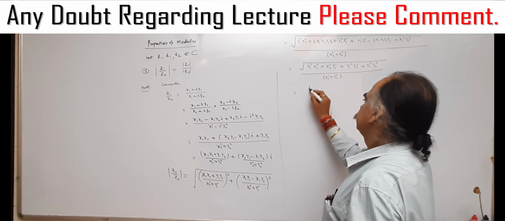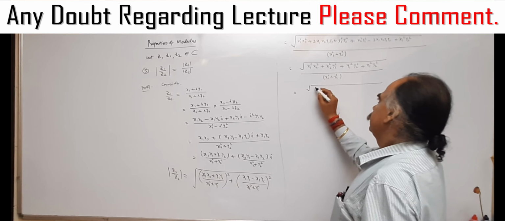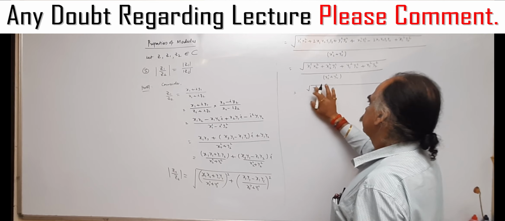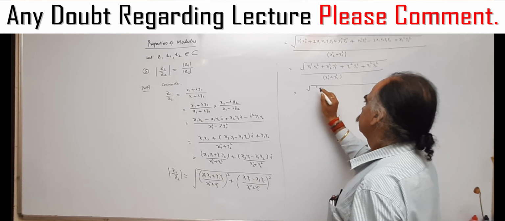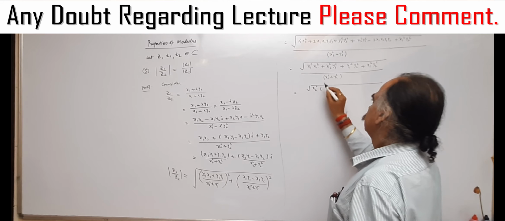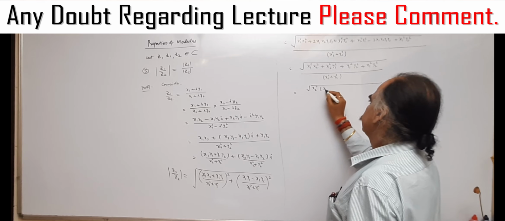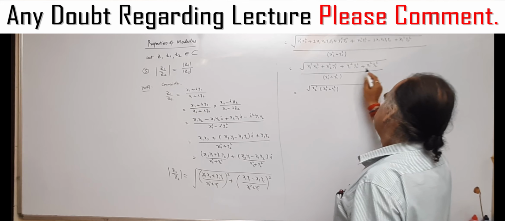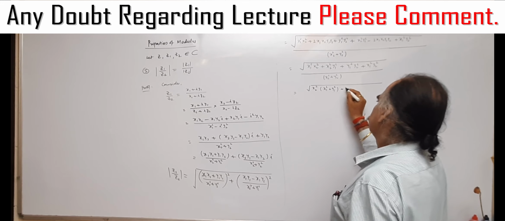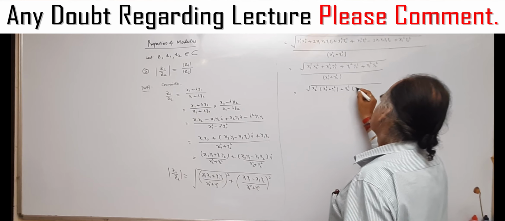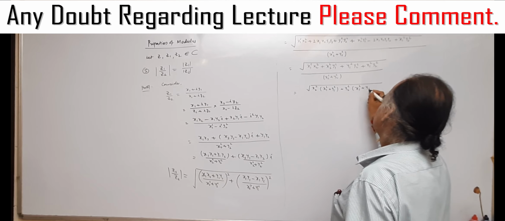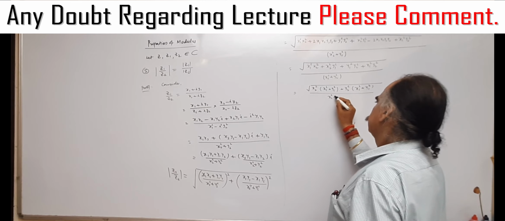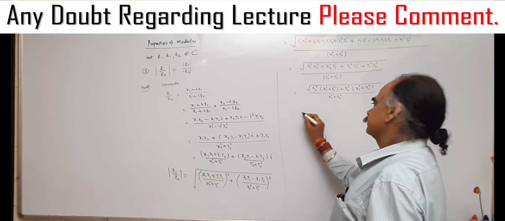Now we'll factorize it. Take x2 square common in the first two terms, so we'll get x1 square plus y1 square, and here we will take y2 square common. So we'll get x1 square plus y1 square upon x2 square plus y2 square.